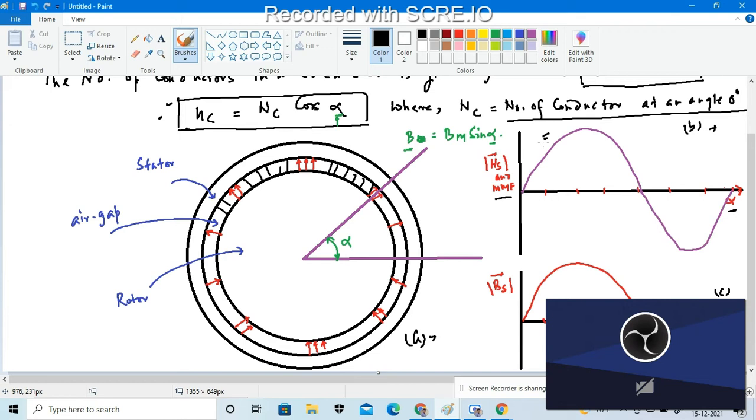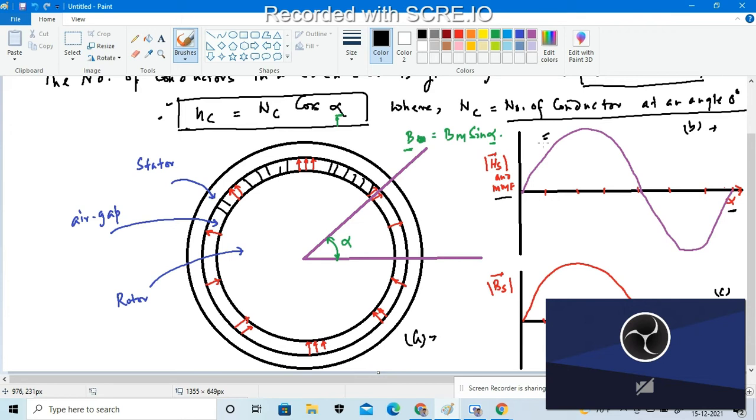We can use fractional pitch windings to suppress these unwanted harmonic components, because in any system, if a higher order harmonic is present, it will affect the operation of the rotor design. If any such harmonics are there, there must be disadvantages as far as design is concerned.